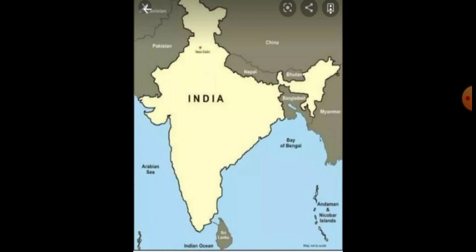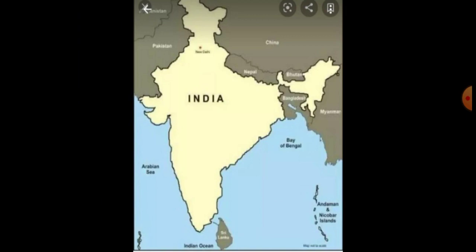Okay. Which is the longest border of India? Bangladesh. Then which is the shortest border of India? Afghanistan. Then India's three sides are surrounded by oceans.